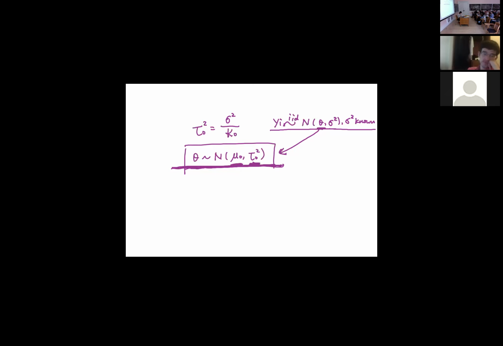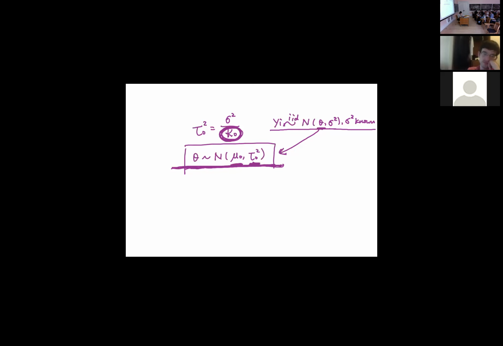With kappa 0 over here, we're trying to imagine it as a prior sample size, meaning that you imagine you can generate a bunch of prior observations to represent your belief.